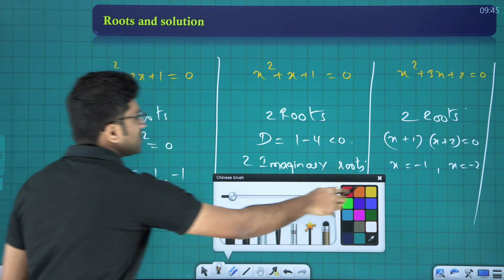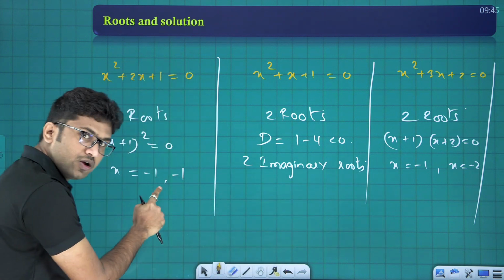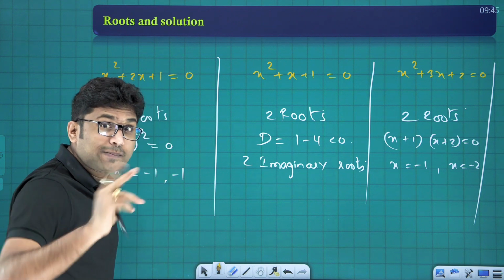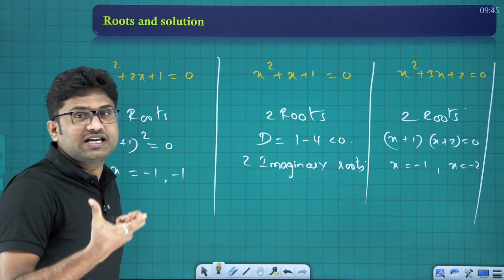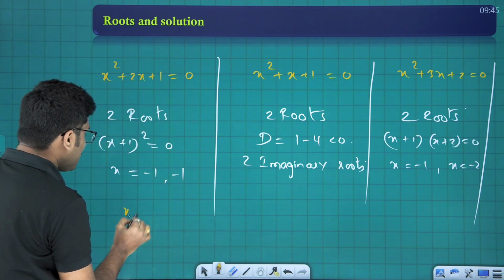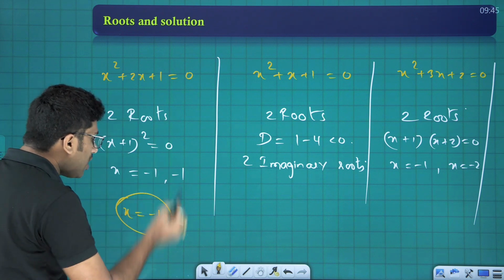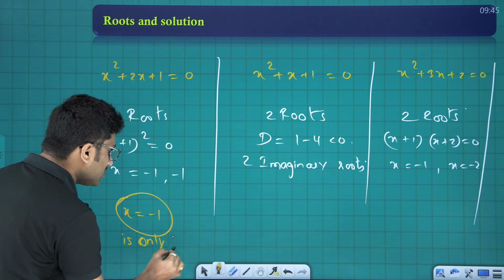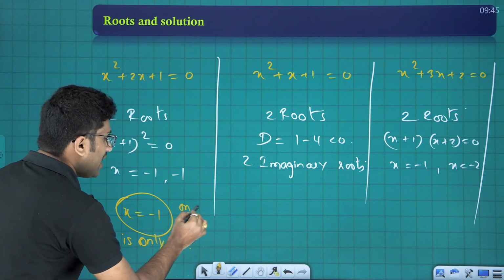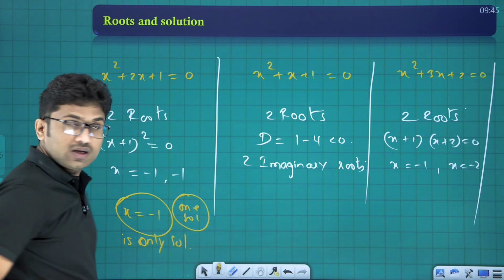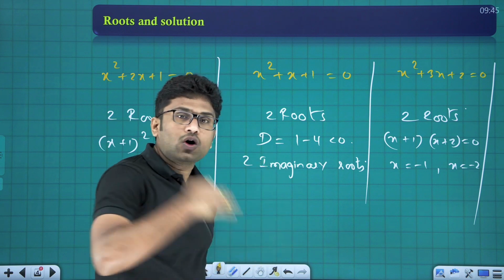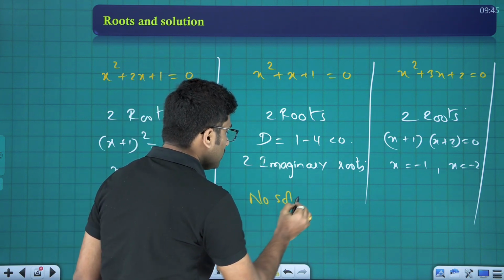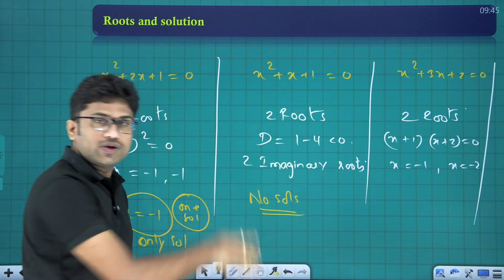Now how many solutions in the first case? Though it has two roots and both are real, they are repeated. So how many distinct real roots do we have? Only one. So x = -1 is the only solution. In the second case, no real roots, so no solution, the number of solutions is 0.